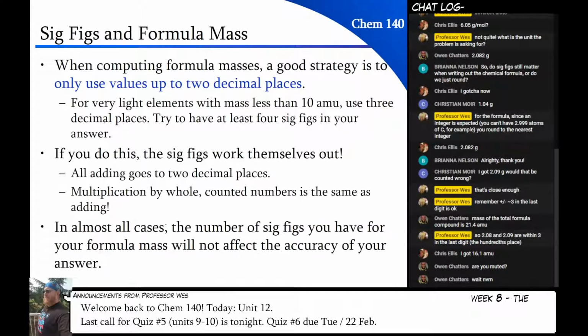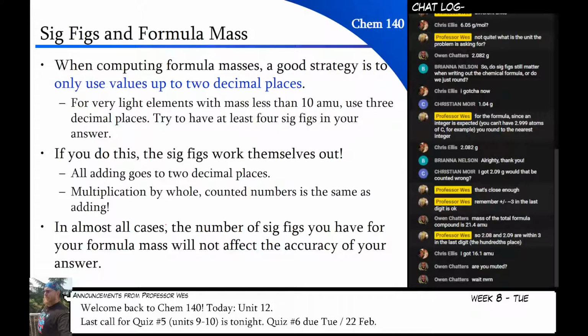Oh, this slide is just telling you how many sig figs you should worry about with formula masses. Honestly, the best answer I can give you is use Lentech. And you'll have at least 4 sig figs. What you want to do is have enough sig figs in your result when you calculate formula mass that it's not going to affect the precision of your answer.